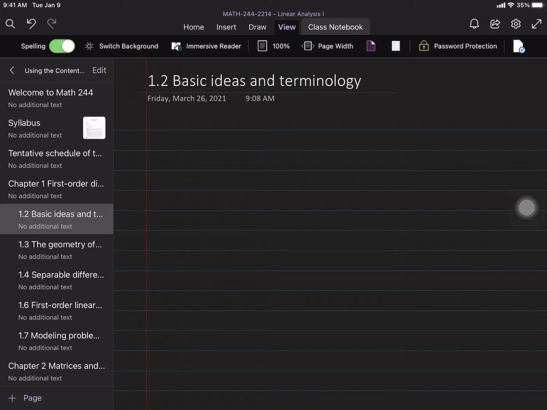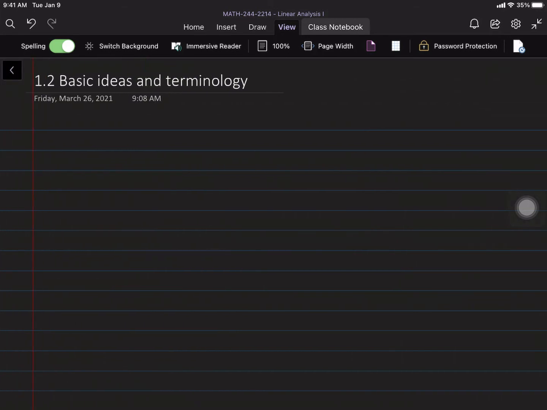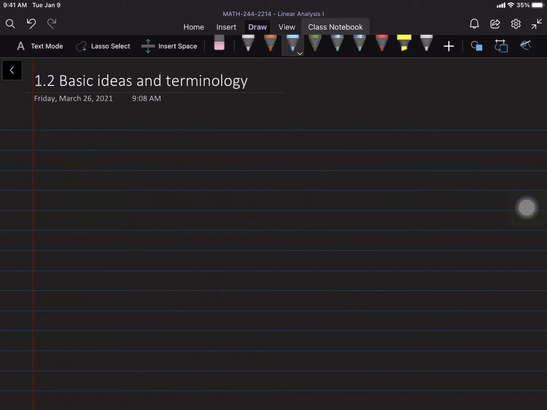So in 1.2, firstly, let's take a look at the definition. The definition for the differential equation means an equation that includes the derivative of a function. Okay, so let's see. Definition 1, differential equation.